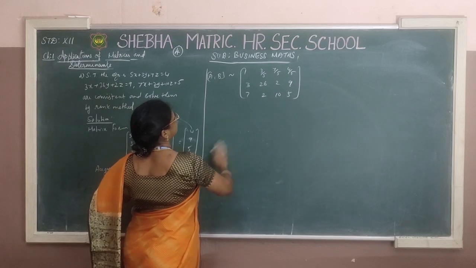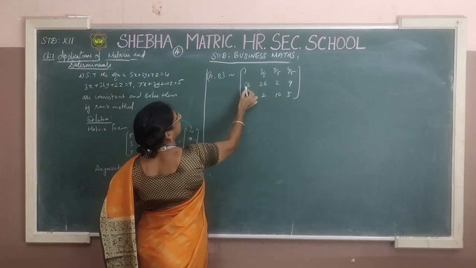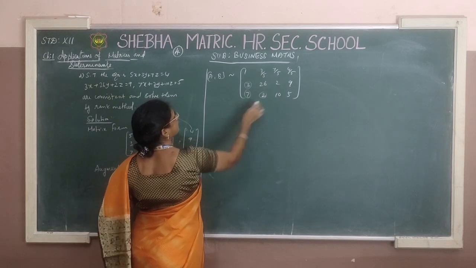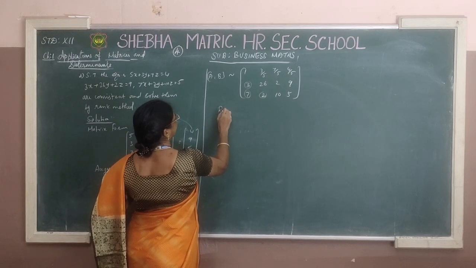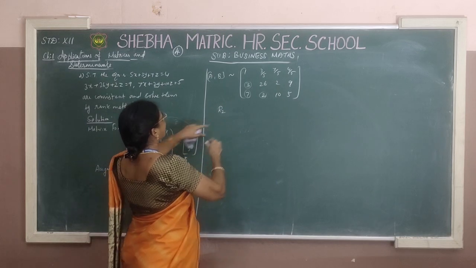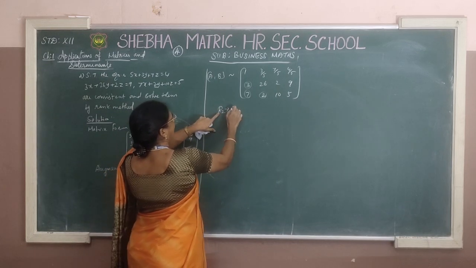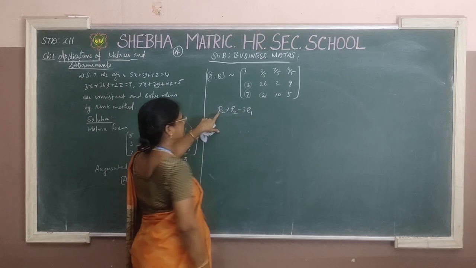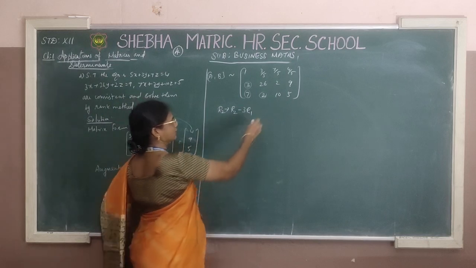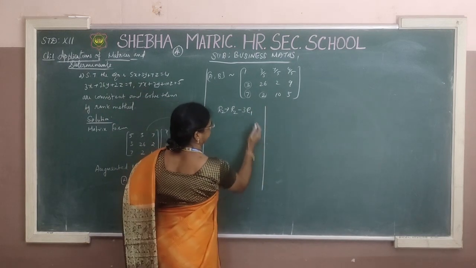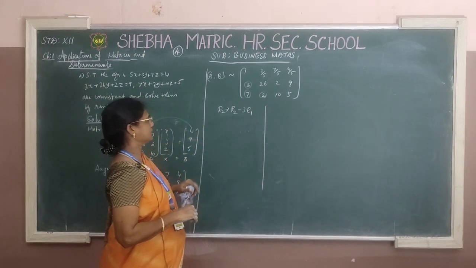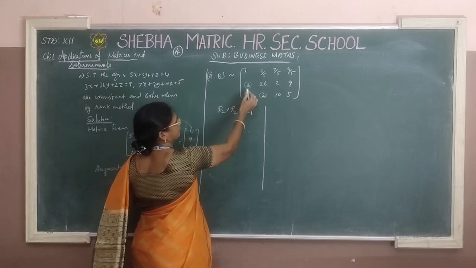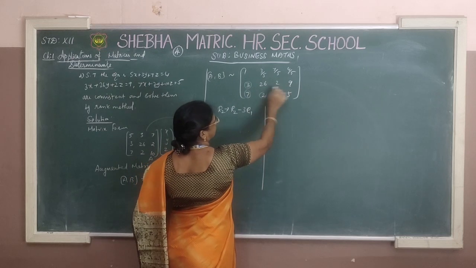Next we are going to make these three elements 0. Okay, how to make them 0? First R2. R2 gives R2 minus 3 times R1. The same procedure we did in the last sum. First write all the R2 elements.